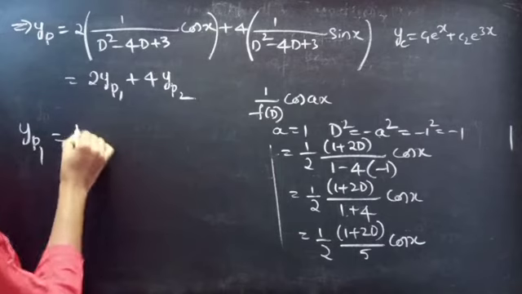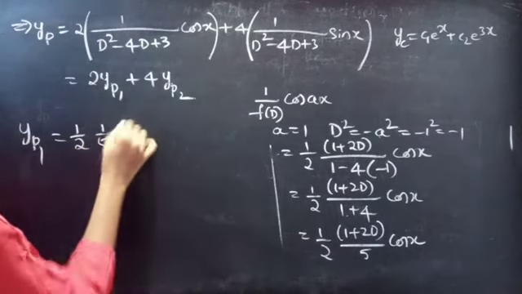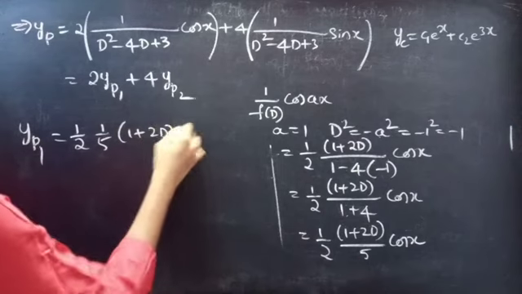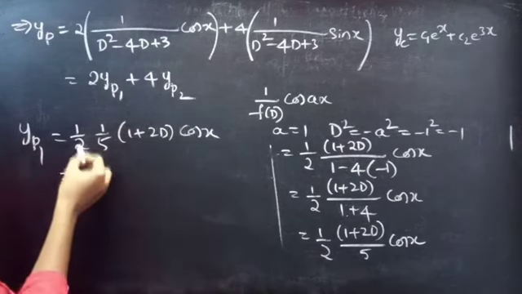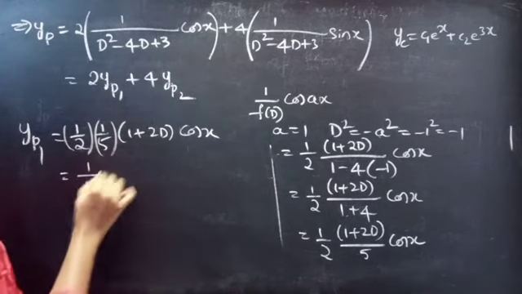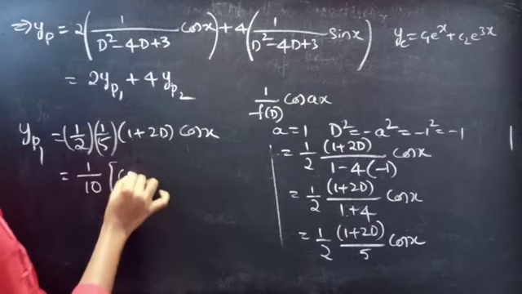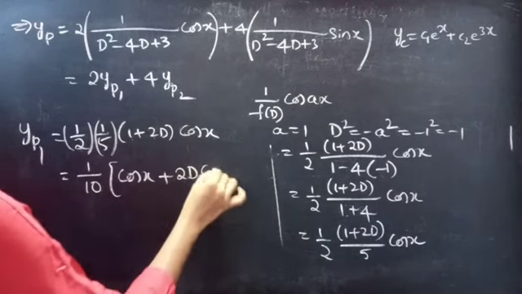This becomes 1 by 2 into, we can split this as 1 by 5 into 1 plus 2d into cos x is equals to 1 by 2 into 1 by 5 is 1 by 2 5s are 10 into 1 into cos x is cos x plus 2d cos x.